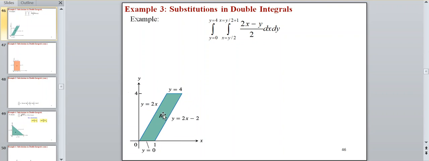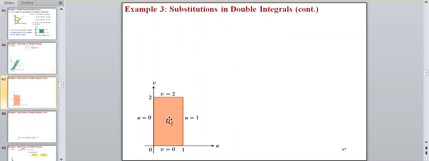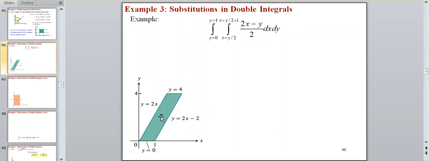I just give you some indication. Look at here, y is from 0 to 4, and here y equals 2x. If I take y to the right hand side, 2x minus y equals 0, and this line is 2x minus y equals 2.